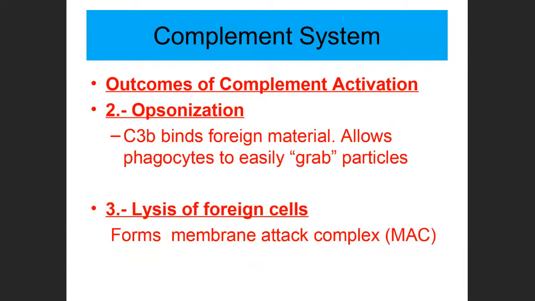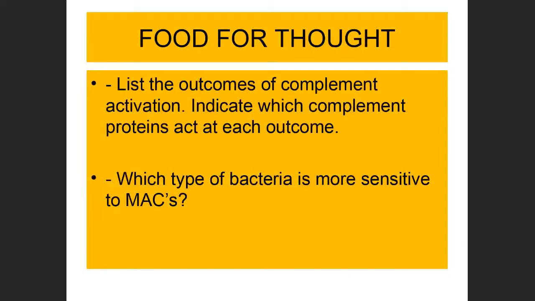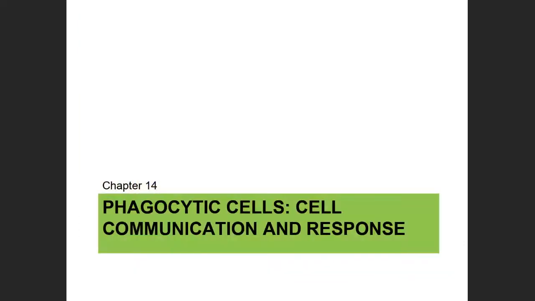Okay, next thing that complement can do to a bacterial cell is opsonization. Opsonization has to do with tagging the bacterial cell for destruction. So here's a bacterial cell, and especially the ones that have capsules are very difficult for a phagocytic cell to phagocytize.